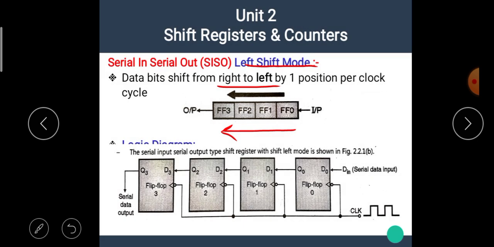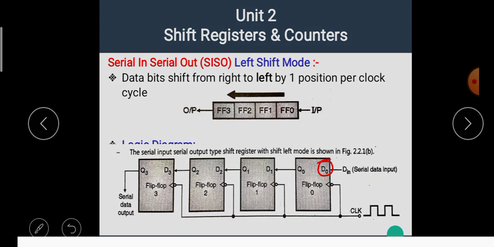Here we want to store 4 bits, hence we used 4 flip-flops. This is the logic diagram. We can see that each flip-flop has a data input and a data output.